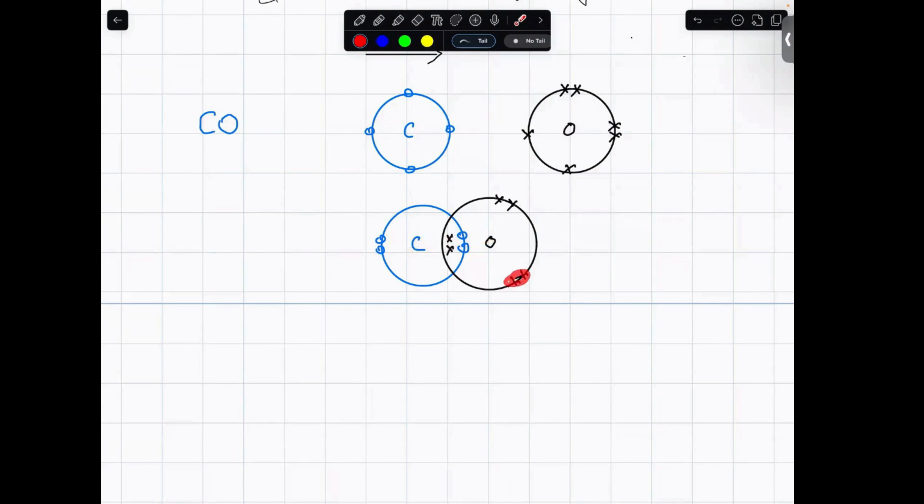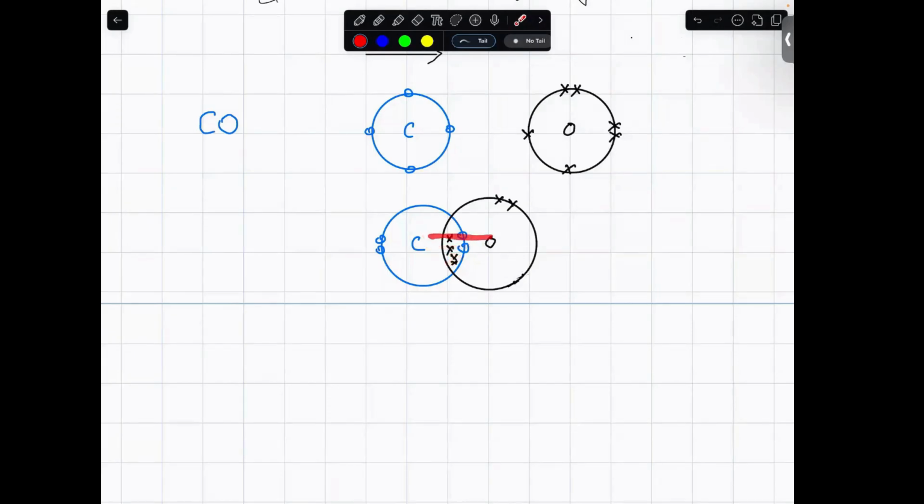What will oxygen do? It will bring these pairs and share them with the carbon. So if you look at this, one pair, another pair, and another pair.